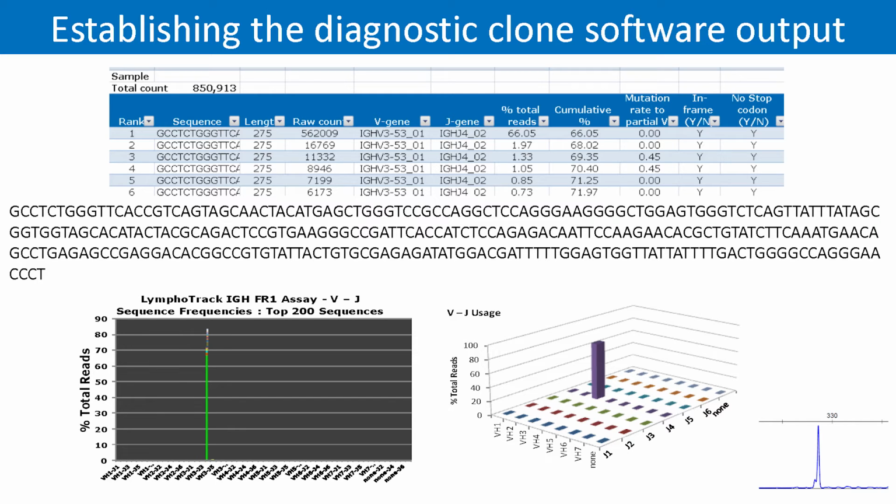In here, the fragment is organized by the size of the fragment, and in here is by the VJ rearrangement that it has. And here is the sequence, for example, for this specific sample, where 60% of the total reads have this specific sequence that is here, which we will later use for subsequent samples to be able to track disease.